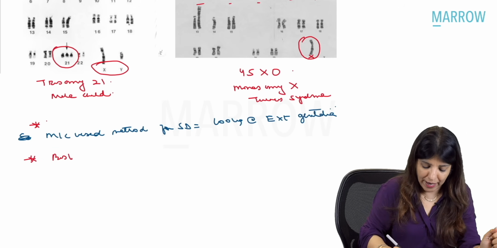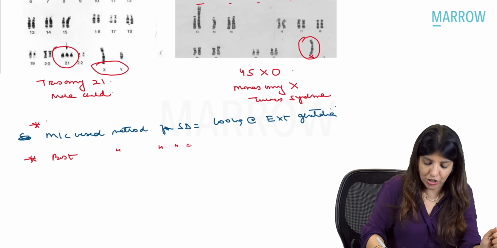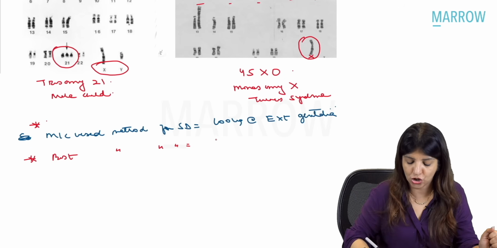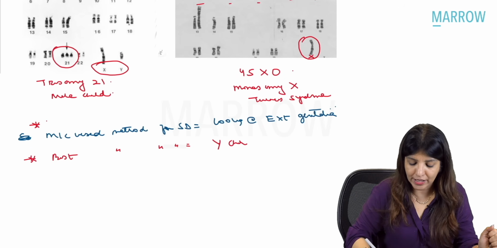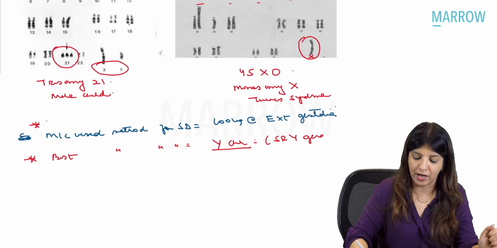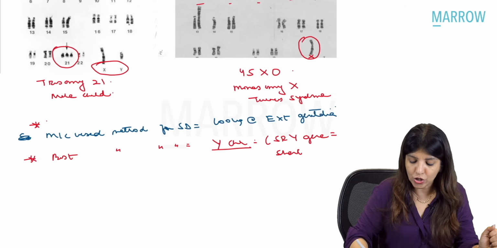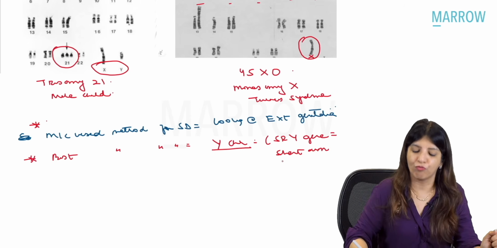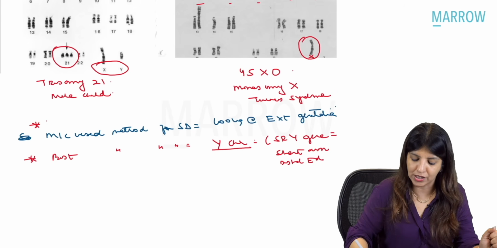Then what is the best method for sex determination? The best method is to look at the Y chromosome. On the Y chromosome, the SRY gene is present, on the short arm of the Y chromosome at the distal end.